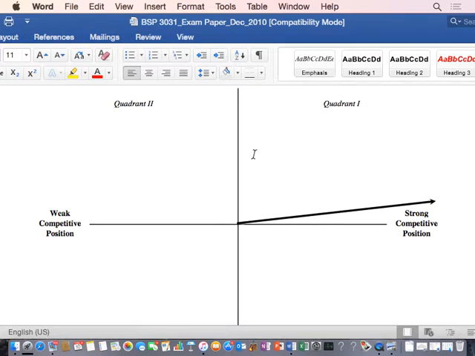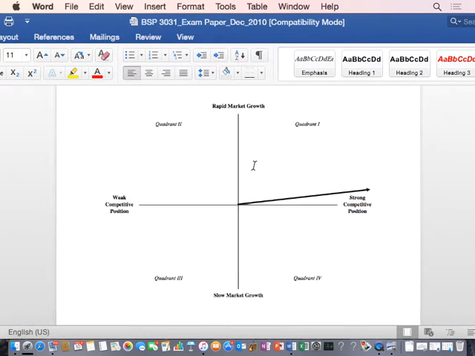And we went through this. Anytime you're looking at a grand strategy matrix, as I said, the first thing you pay attention to is your axes. When you're looking at a grand strategy matrix or space matrix, you first look at your axes. The x-axis deals with weak competitive position versus strong competitive position.